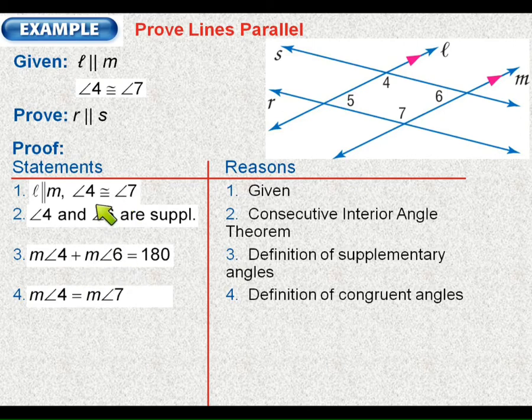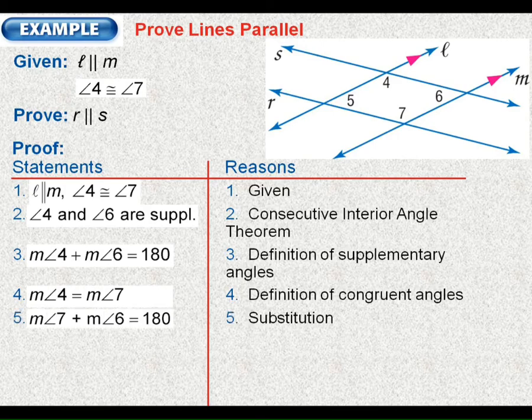So to go from congruent to equal is just the definition of congruency. Then I substituted, because 4 and 7 are equal, I can replace angle 4 with angle 7, right? So 7 and 6 add to 180.